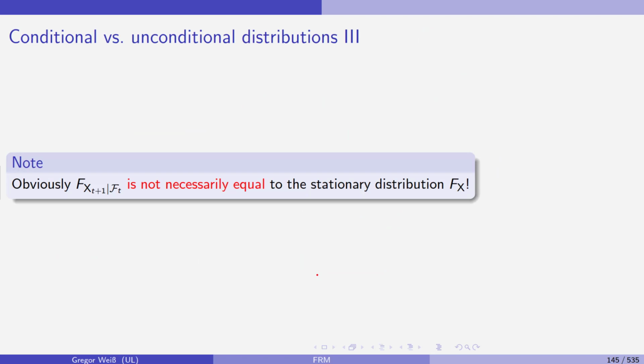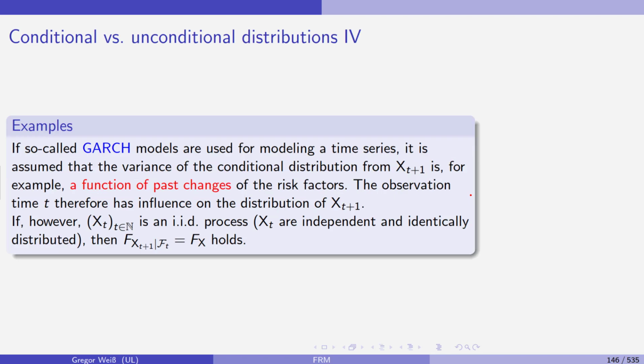Okay. So obviously, this conditional distribution is not necessarily equal to F_X, the unconditional or stationary distribution. Das ist auch klar, dass die bedingte Verteilung von X_t plus 1 ungleich dieser stationären oder unbedingten Verteilung von X ist.